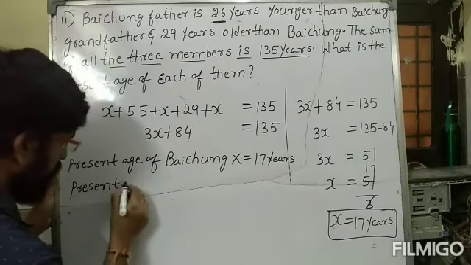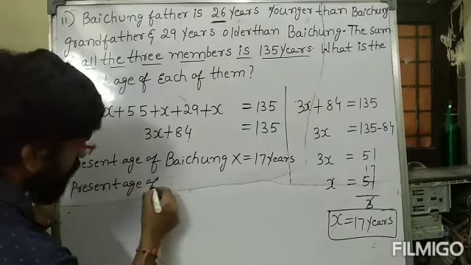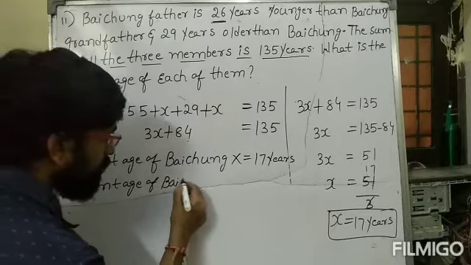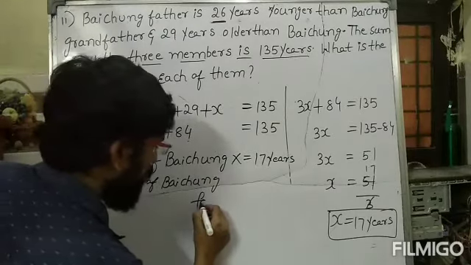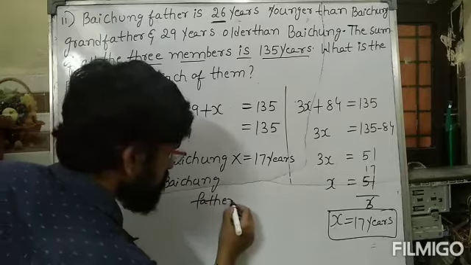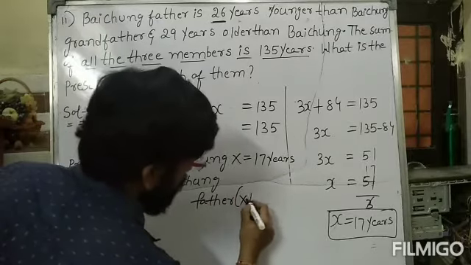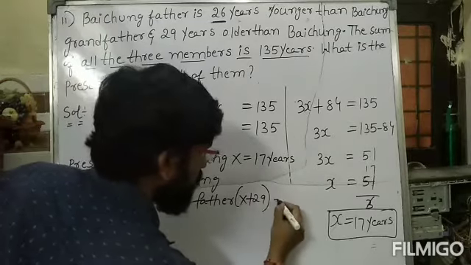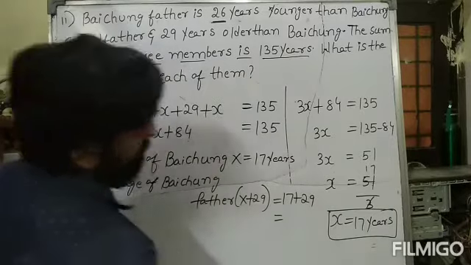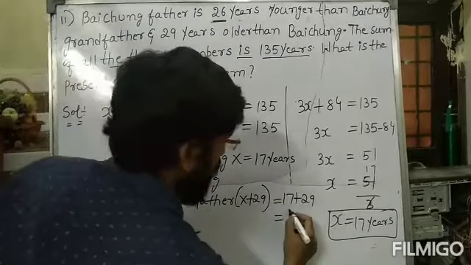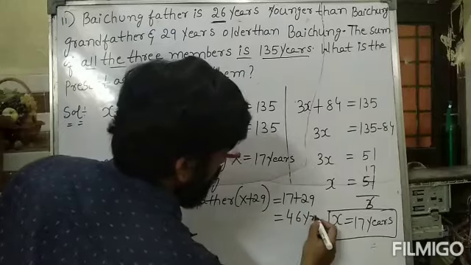Present age of Baichong's father is X plus 29, that is 17 plus 29, which is 46 years.